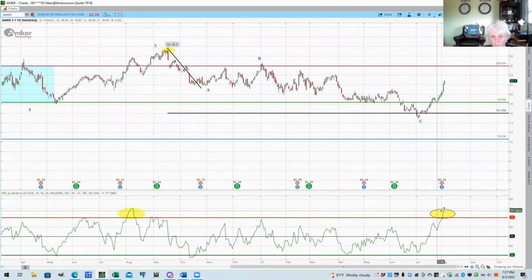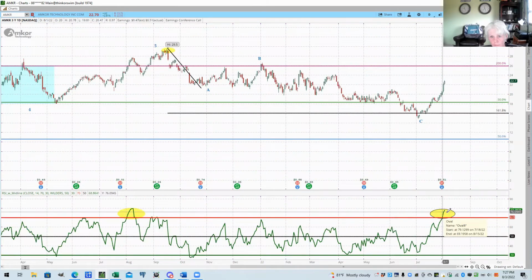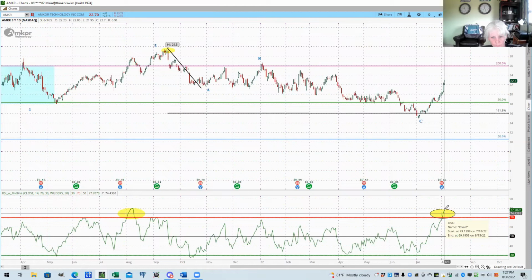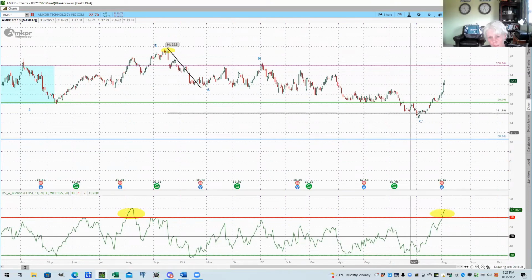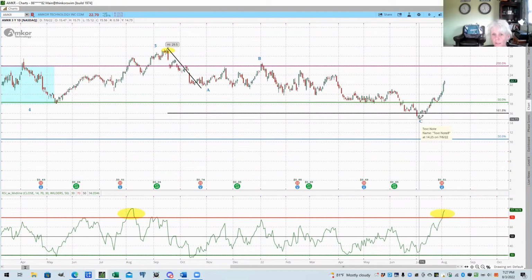So I'm looking at this RSI as of today, pretty high. See, it's right up there. And we've got 5 subwaves within this wave 1. I think 1, 2, 3, 4, 5. So I am predicting that this is going to correct a little bit.